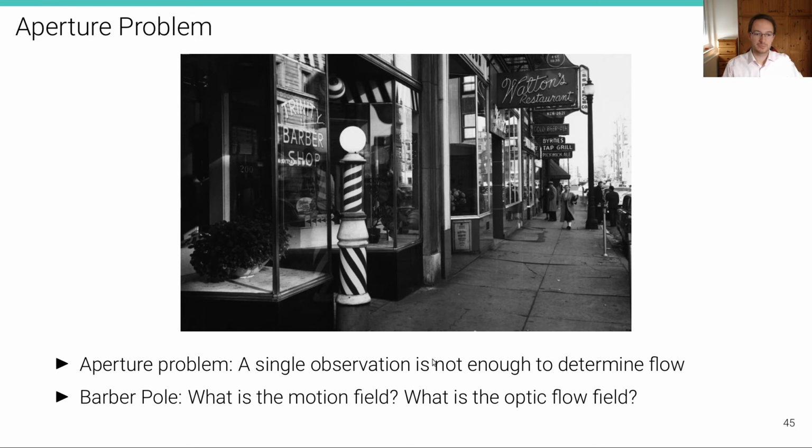And a similar effect has been exploited by the barber pole illusion, which you can find in some barber shops, for example in the US, where you have such a pole that is rotating around the up axis, but the pattern that generates the optical flow field is going upwards. So you have an optical flow field that goes perpendicular. The apparent motion is perpendicular to the motion that the pole is actually rotating. That's quite interesting.